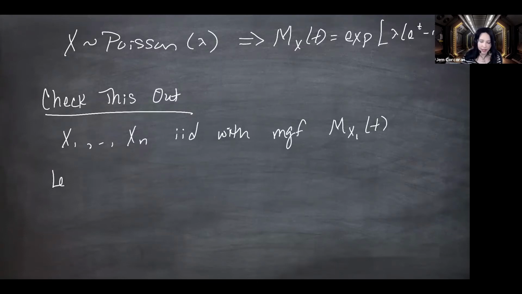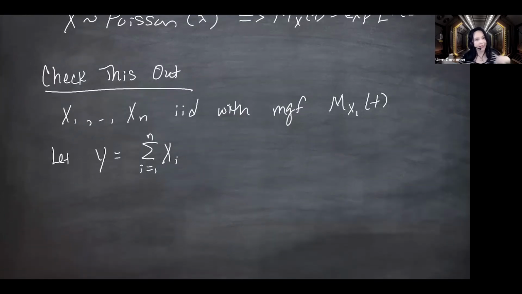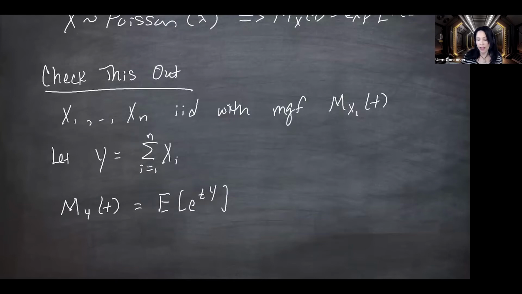And then I'm going to let Y be the sum as i goes from 1 to n of X sub i. So check this out. The moment generating function for Y is the expected value of e to the tY. Y is the sum of the X's, so I'm going to plug that in.